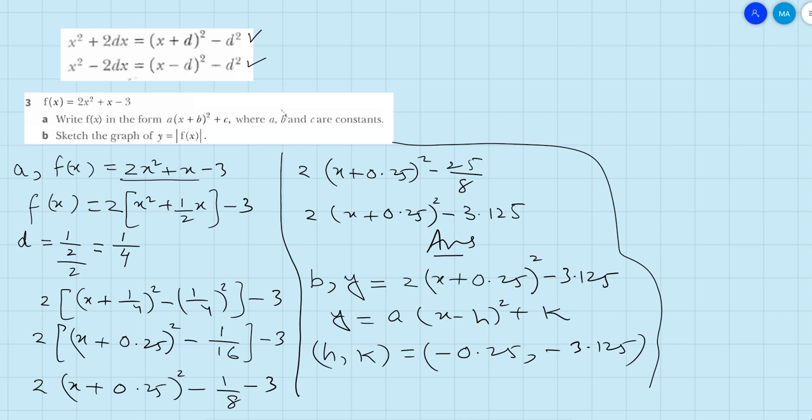Now find the x and y intercepts. First, we put x equal to 0 in the answer of part A. So y is equal to 2(0 + 0.25)², that is 2(0.25)² - 3.125. Find the answer with the help of a calculator directly.